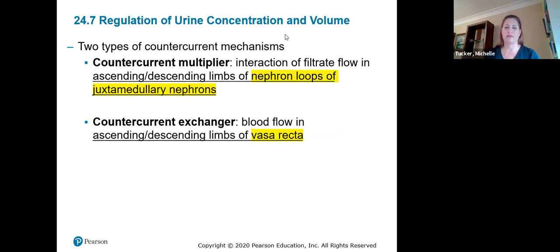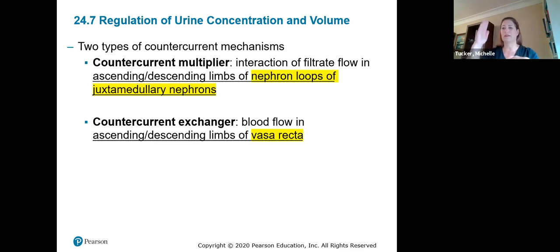We're going to start with the countercurrent multiplier. It is created by the interaction of filtrate flow, meaning that in the descending limb, filtrate is flowing from the cortex to the medulla, and then in the ascending limb, it's running from the medulla back up to the cortex. Countercurrent means that in this hairpin loop, we have flow in different directions.